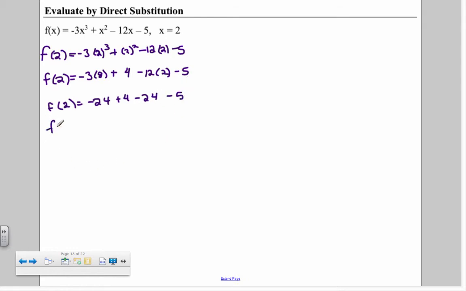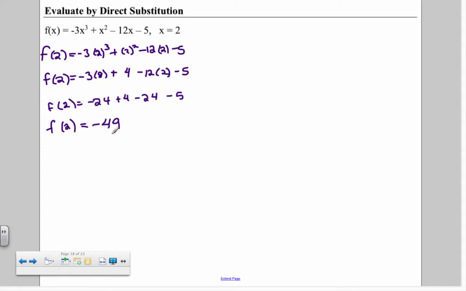So I could use my calculator if I wanted. I could use my brain power. Say -24 plus 4, that's -20. Minus 24, that's -44. Minus 5, that's -49. So again, you're going to just plug in the 2 and evaluate on the side of the function.